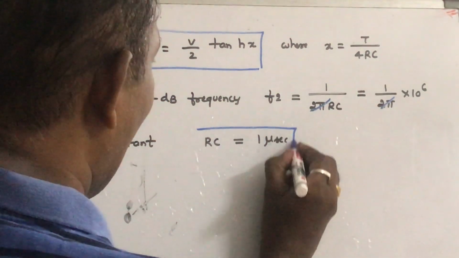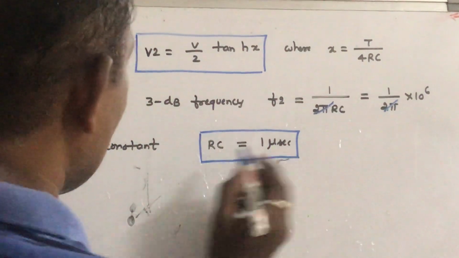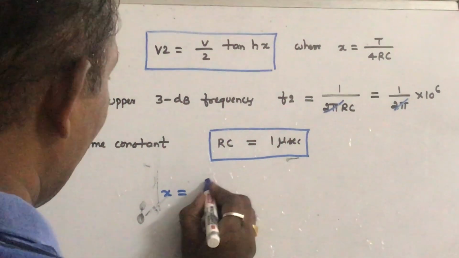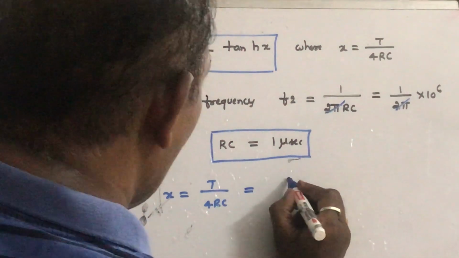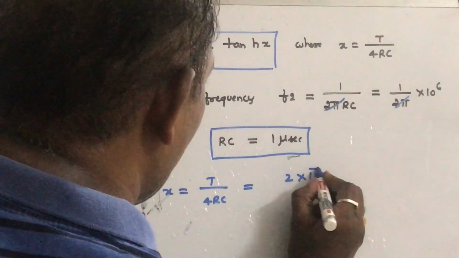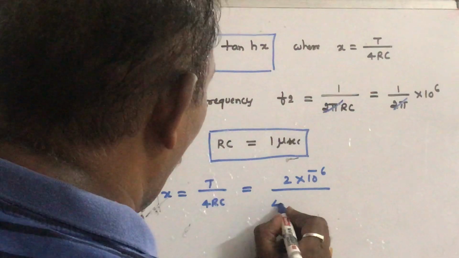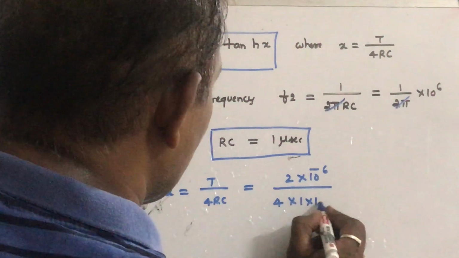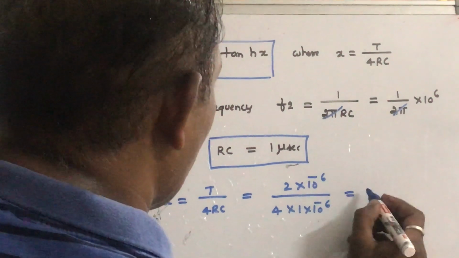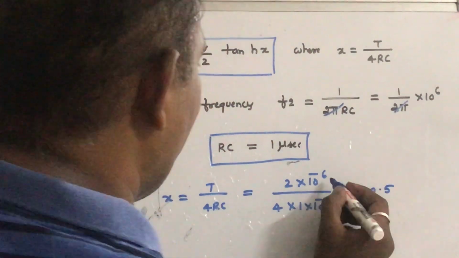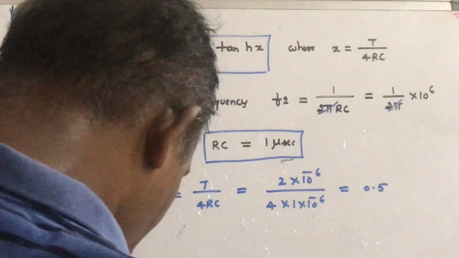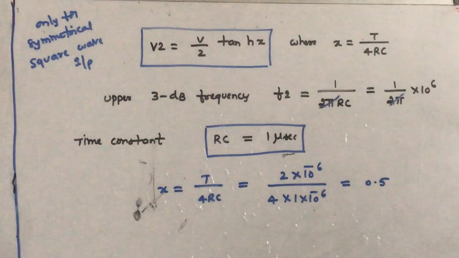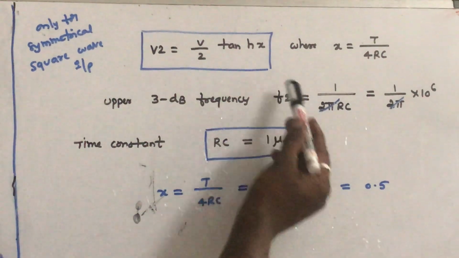First, let us find X in this formula. X is capital T by 4RC. The time period of the input waveform is 2 microseconds, divided by 4 into RC, which is 1 microsecond. The 10 power minus 6 terms cancel out, and 2 by 4 is 1 by 2, so X is 0.5. Substitute 0.5 here.